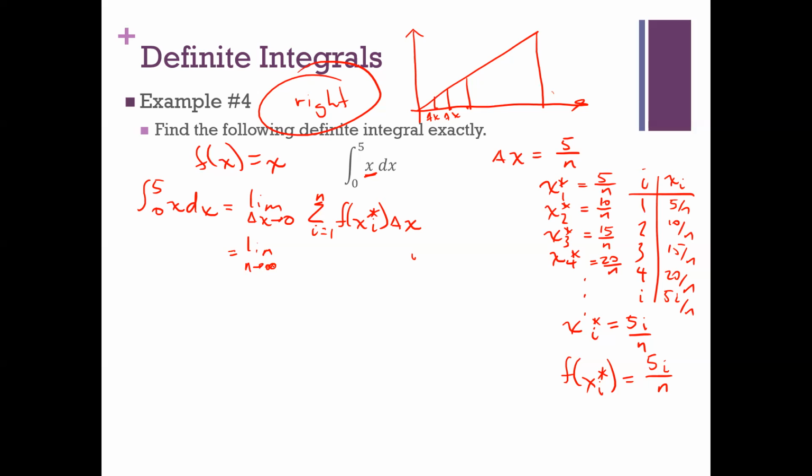Those two things go hand in hand. So from there, what is the summation I'm dealing with? f of x sub i star, which we said is 5i over n, times delta x, which is 5 over n.